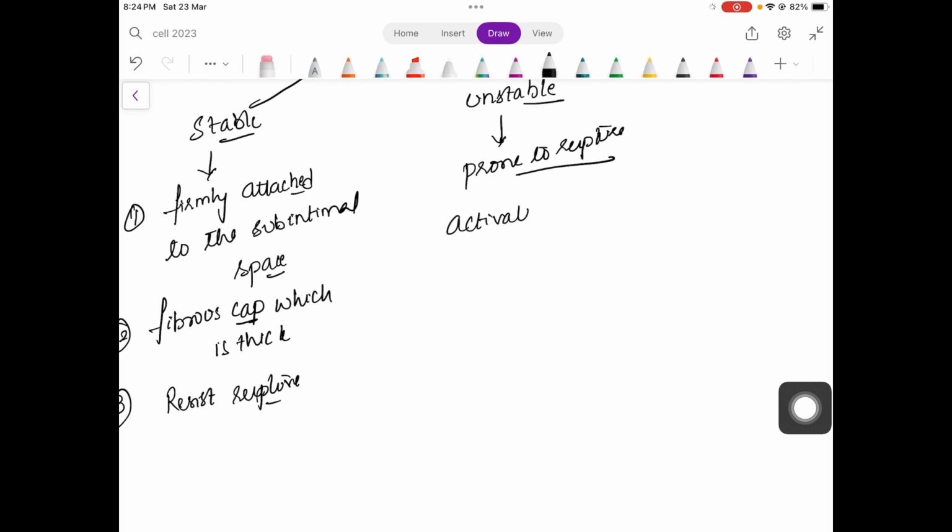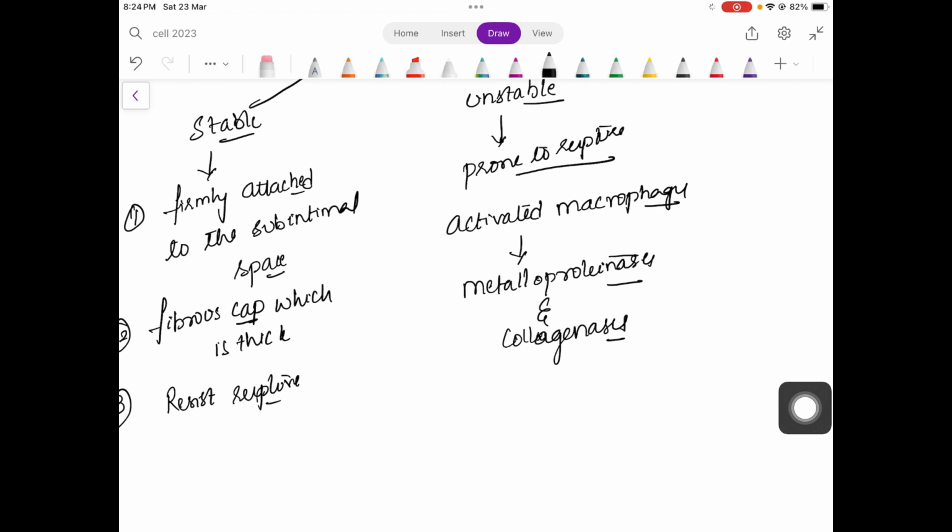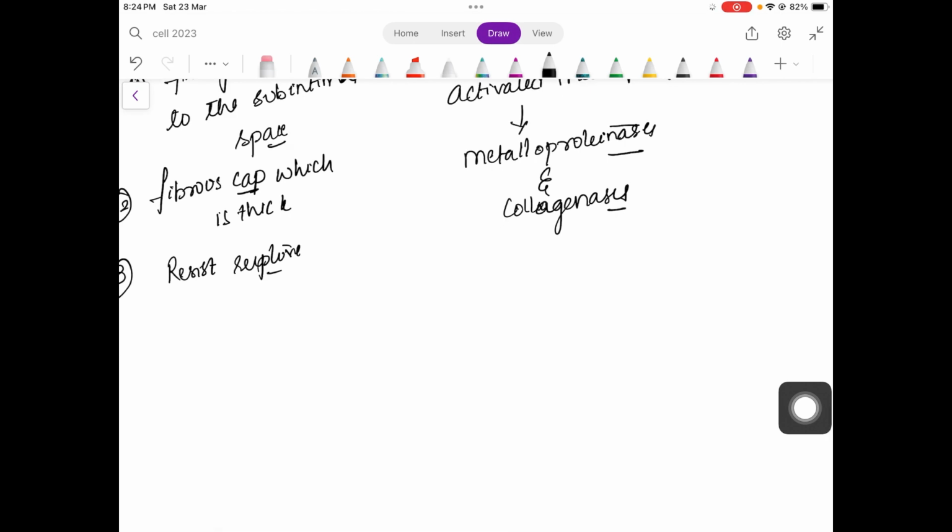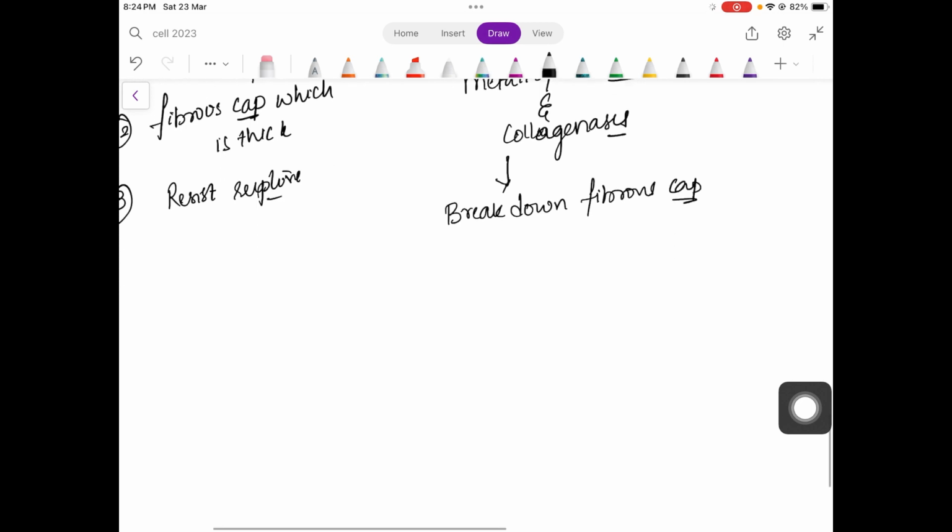These activated macrophages will secrete metalloproteinases and collagenases. These metalloproteinases and collagenases will break down the fibrous cap.